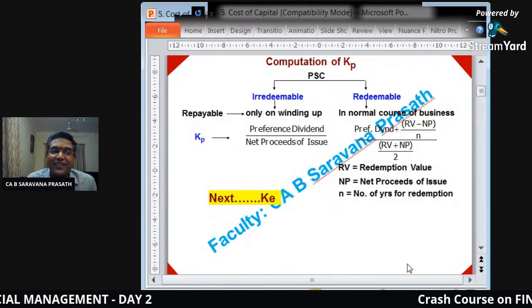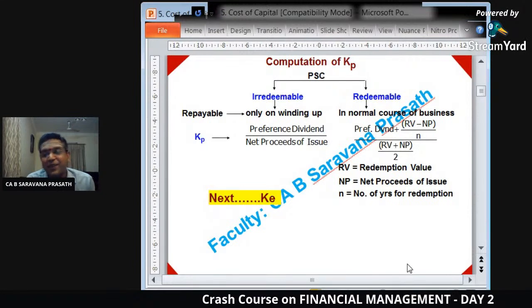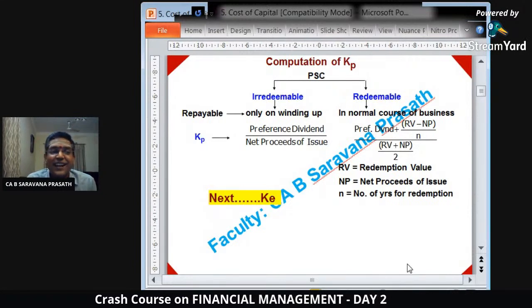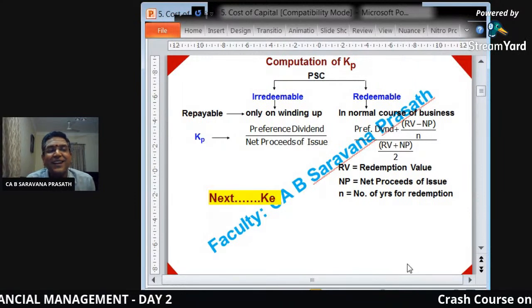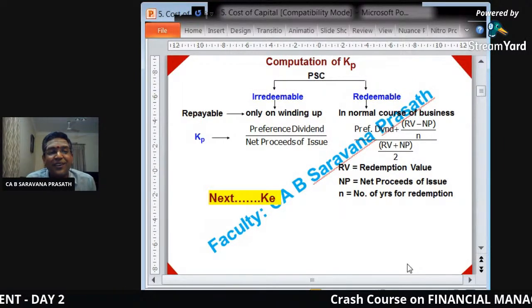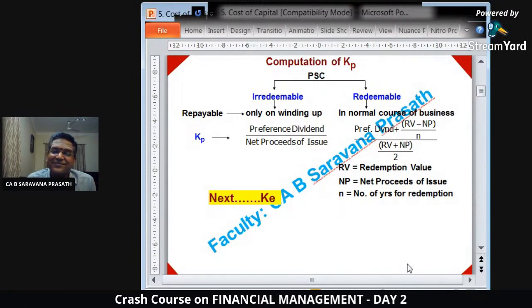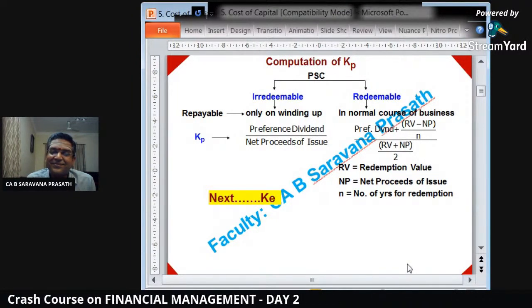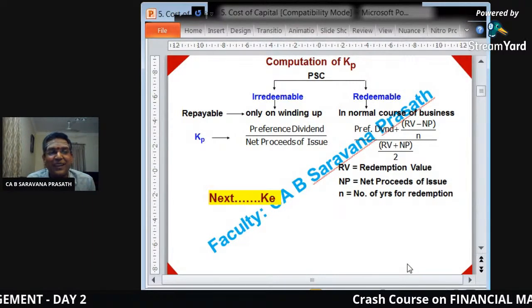This calculation, 40 divided by 2000, is called dividend yield. What is the dividend yield in this case? 40 divided by 2000. How much am I getting? 40 rupees on an investment of 2000 rupees, today's market price.